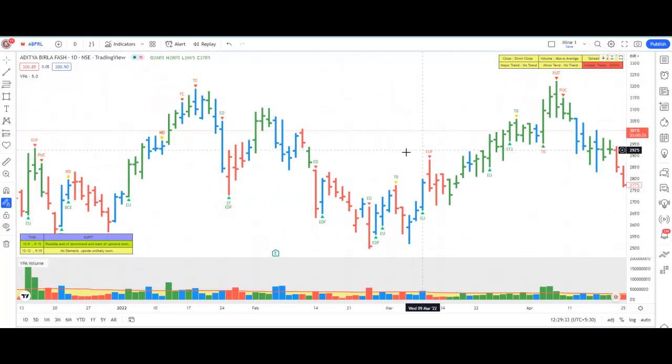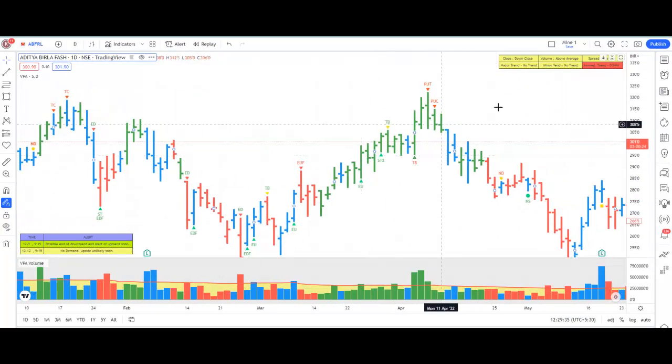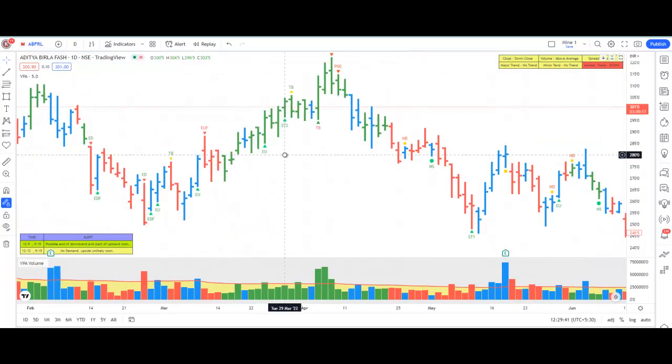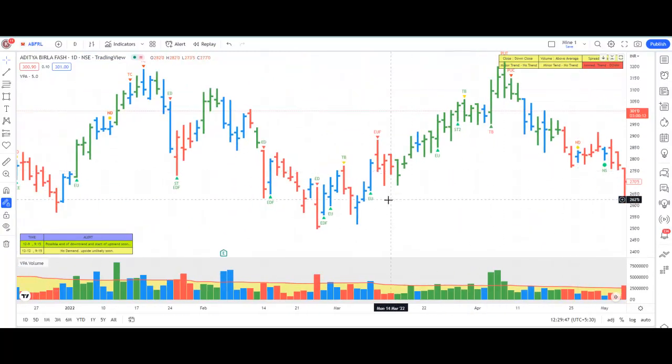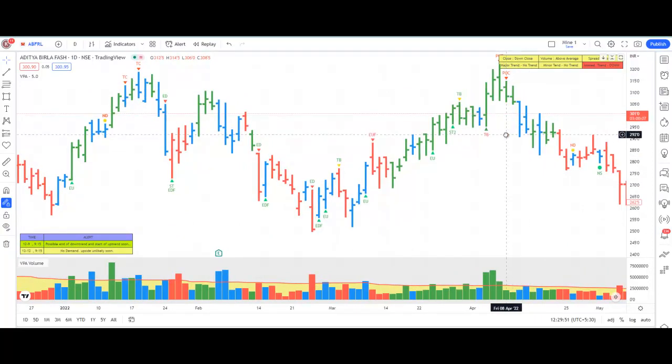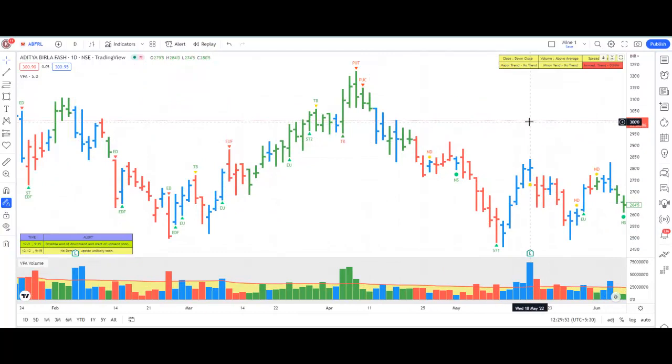So this is another good example of the PUC bar. You would find that the PUC bars are more common than the UT2. The UT2 are rare, and the PUC bars are more commonly found in most of the charts.